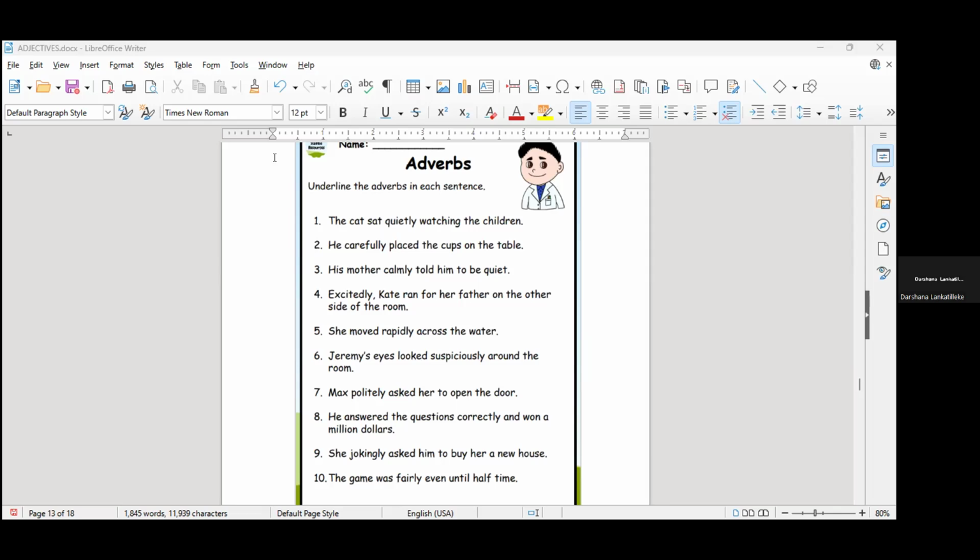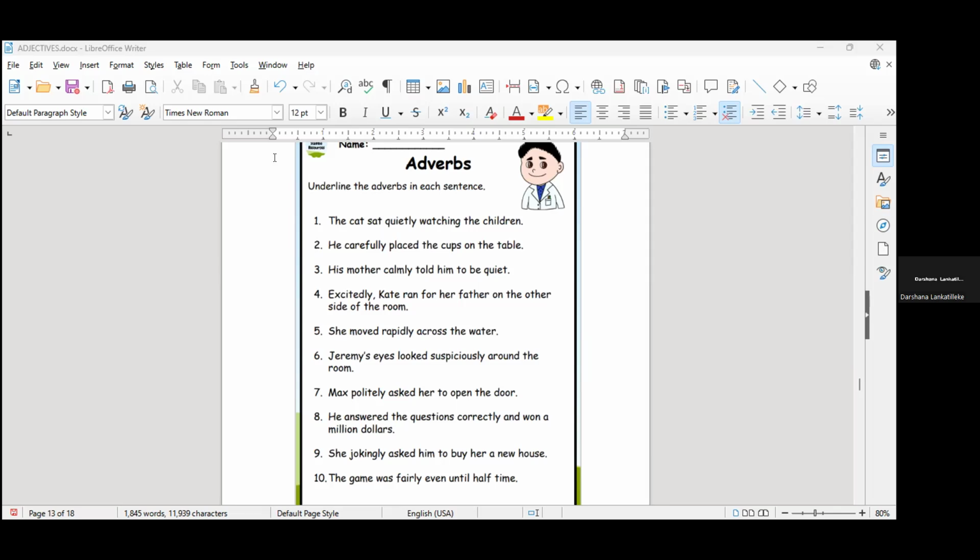Then number 8, he answered the questions correctly and won $1 million. So answered is the verb here. Answered how? Correctly. Correctly is the adverb.